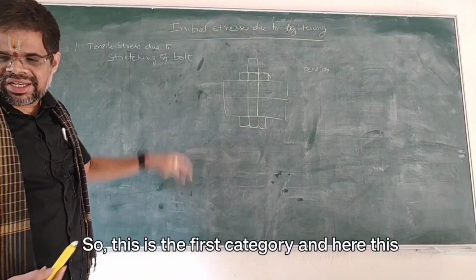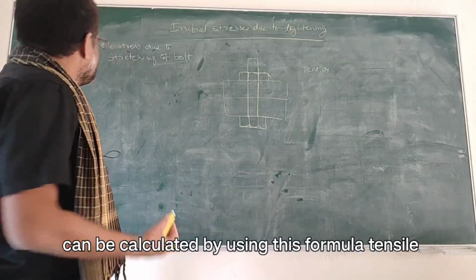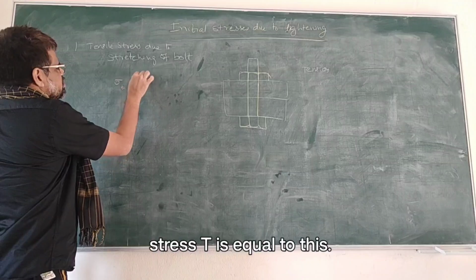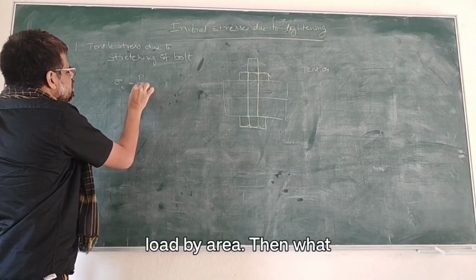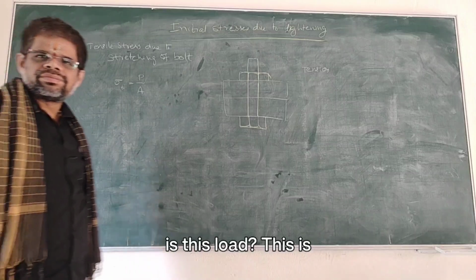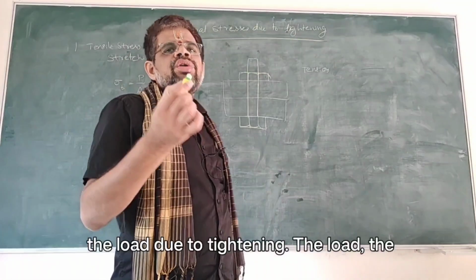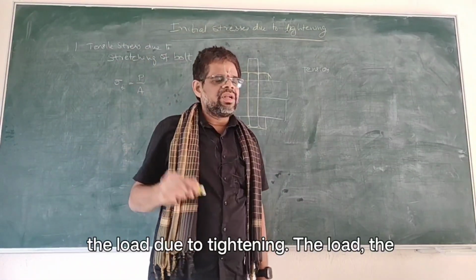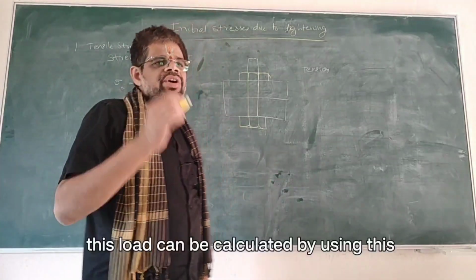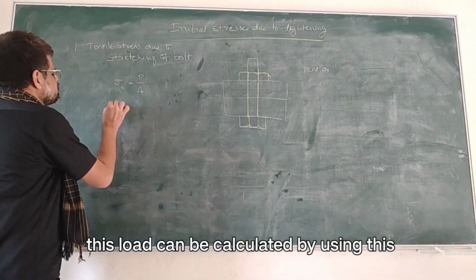So this is the first category, and this can be calculated by using this formula. Tensile stress sigma T is equal to load by area. Then what is this load? This is the load due to tightening, the load the bolt may experience due to tightening, and this load can be calculated by using this formula.